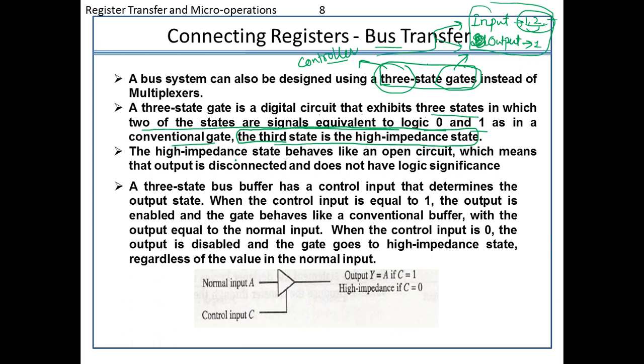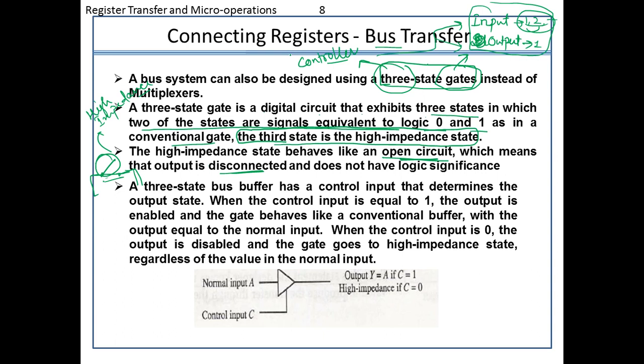Okay, so the high impedance state behaves like an open circuit, which means that the output is disconnected. You remember whenever in physics we used to design circuits, there was always a key, and if this key is open, it means the circuit is not complete until this key is closed. So if it is an open circuit, it means it is in the high impedance state. So this is the meaning of the term.